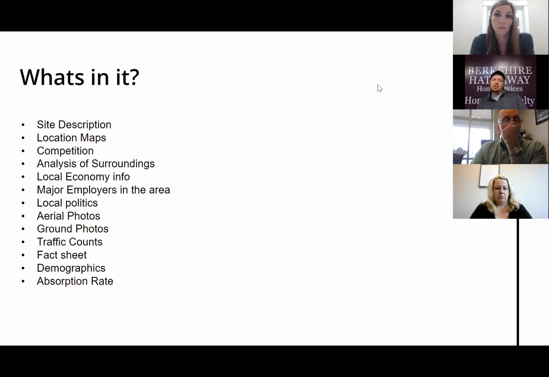This may be geopolitical. Local economy info. That's generally going to be regional, especially in areas where you're not going to have as detailed local economy information down to a zip code.